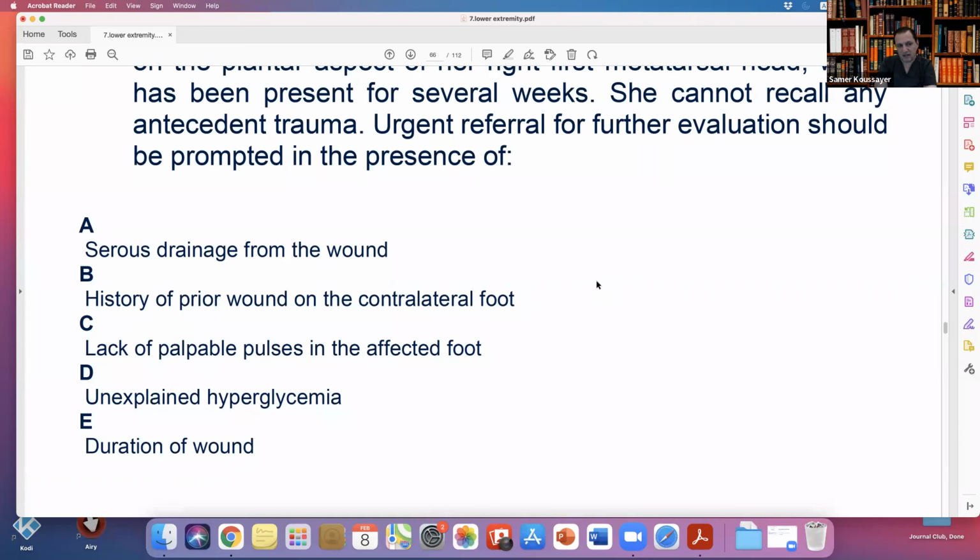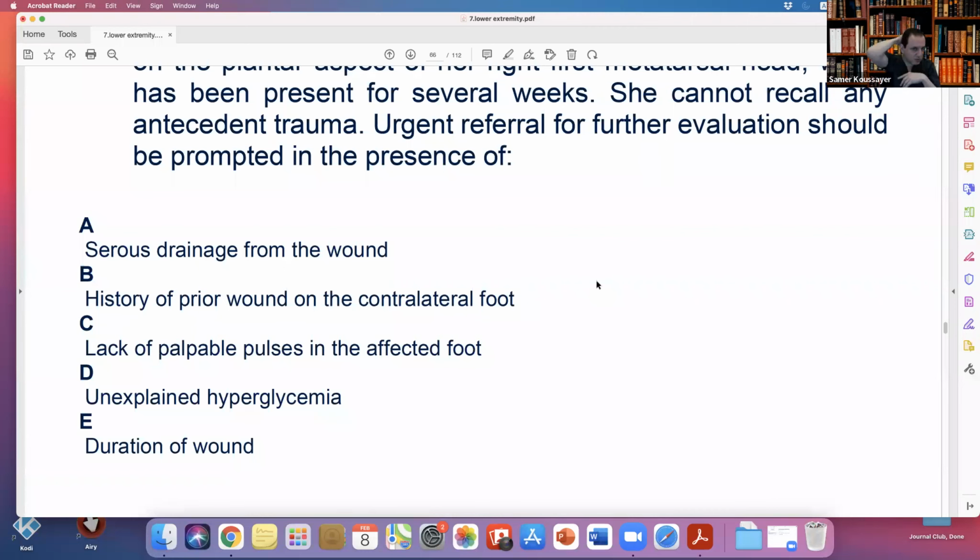So not every time, especially with diabetic people, do we see an obvious sign of infection. But unexplained hyperglycemia, like a patient taking the same dose for years and he's fine, and suddenly with the same dose his sugar is not coming down, I think this can mean he has a bad infection.